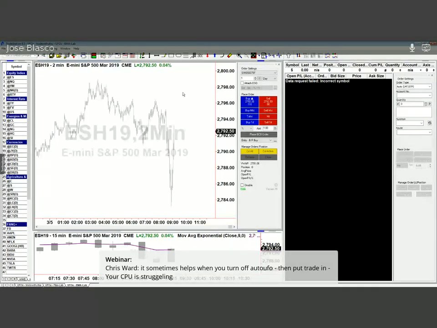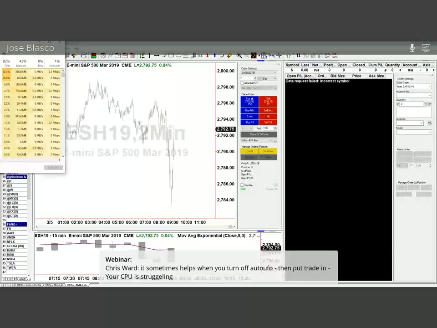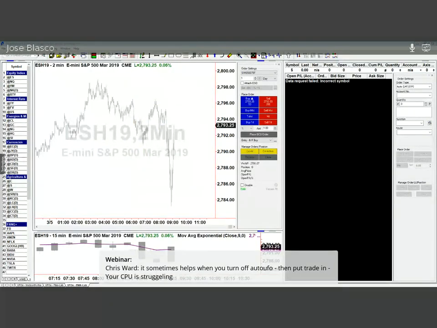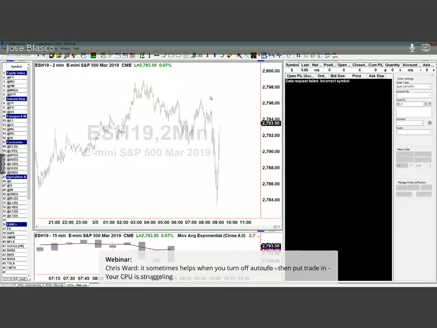Okay, and then it came in, and that thinking, I'm getting a little technical here, hopefully you're okay with that, but that thinking, when you look at computer power, it brings it up to 100%. It's like a peak of computer power going all the way to 100% when you activate chart trading. So that's a very valid suggestion, Chris, and thanks for that.